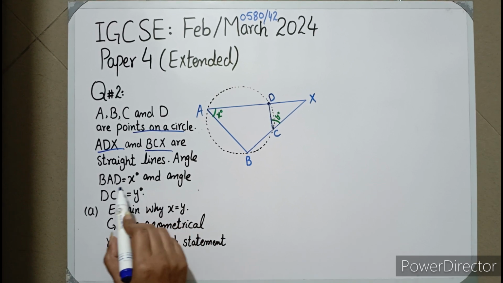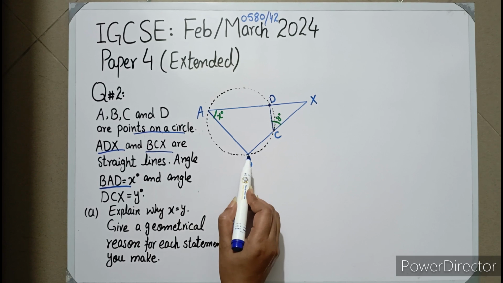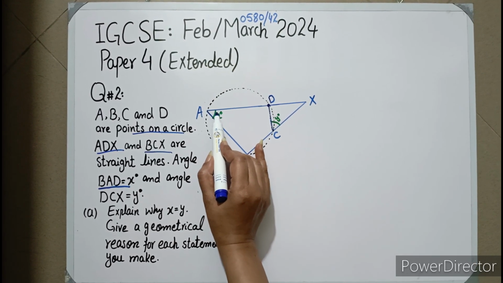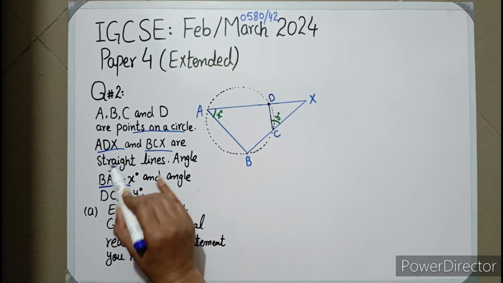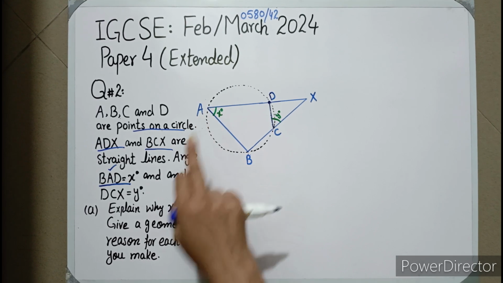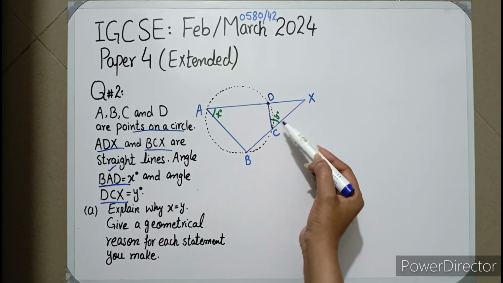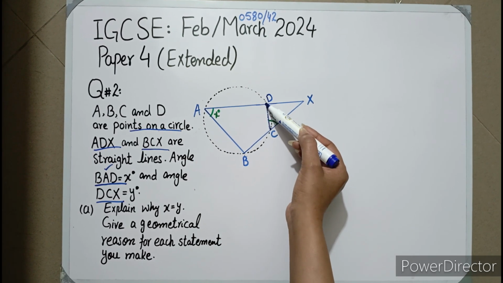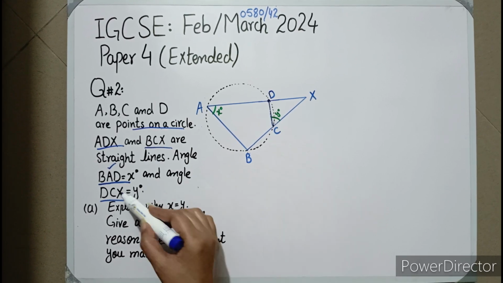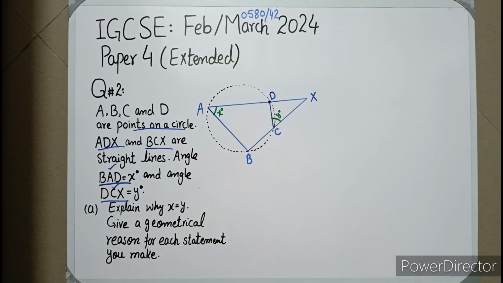Furthermore, he has given you 2 angles, angle BAD and angle DCX. The angle is formed at the middle point mentioned. So the angle x° is mentioned at A, whereas the next angle is DCX, so you have to mention the angle at the middle point, that is C. All these things are mentioned in the question by the examiner.